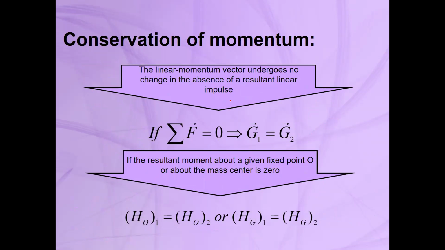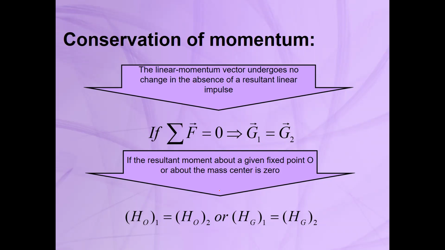And the last concept is the conservation of momentum, exactly similar to the particles. Here we have the conservation of momentum for a rigid body. If the summation of the external forces is equal to 0, we can conclude that the linear momentum will remain the same, and initial and final linear momentum will be equal. And for the angular momentum, we have the same.